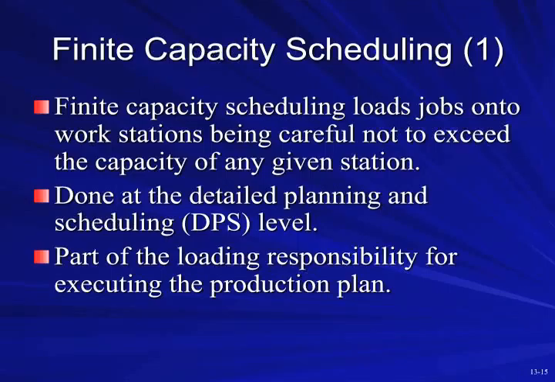It's usually done at a detail level. We call the scheduling, detail planning scheduling, a DPS level, and it's really down to the hands-on part of the operation that we referred to earlier, that says you've got to really optimize this part of it if you're going to realize cost efficiencies especially.